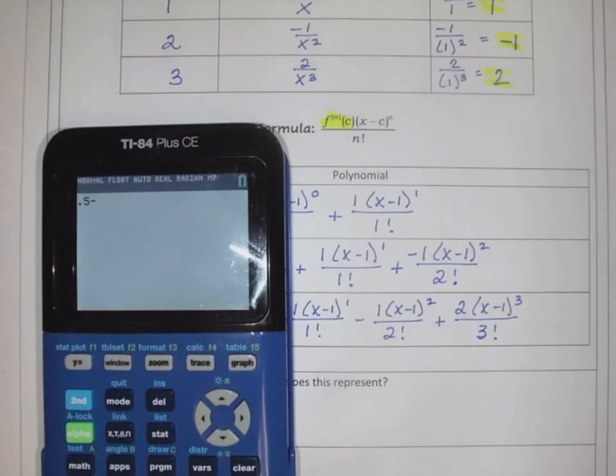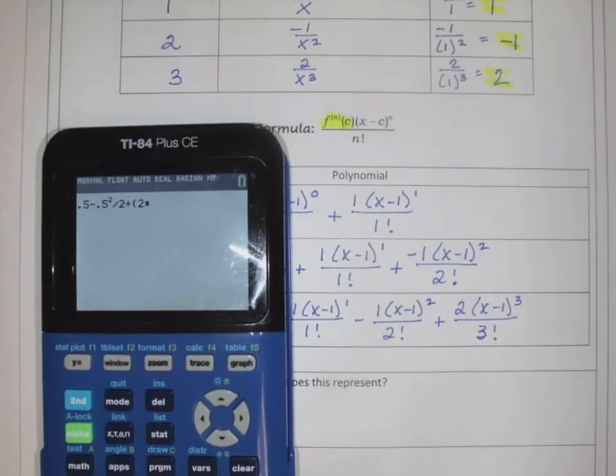So it'll be 0.5 squared divided by 2, because 2 factorial is 2, plus, now I'm going to do in parentheses 2 times 0.5 to the third, close the parentheses, divided by 3 factorial, which is 6. So that gives me a value of 0.416 repeating.